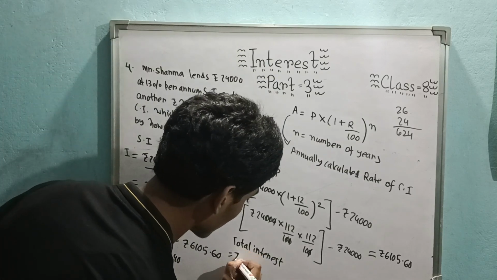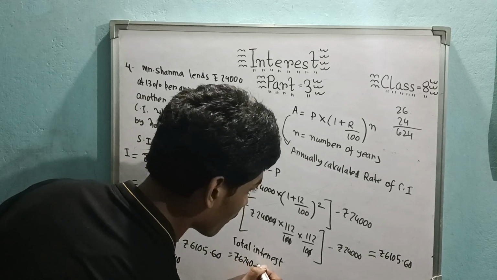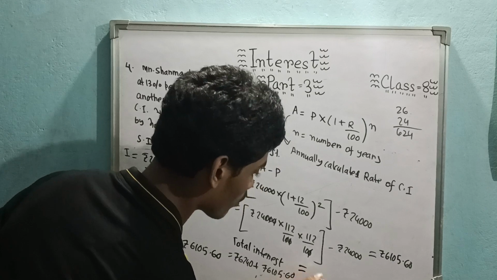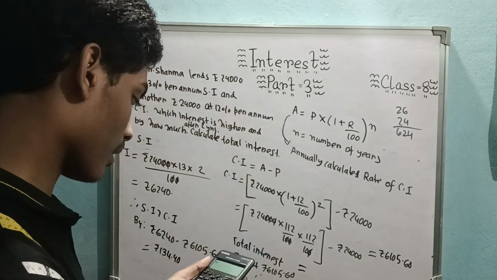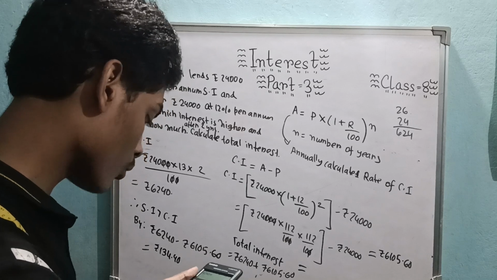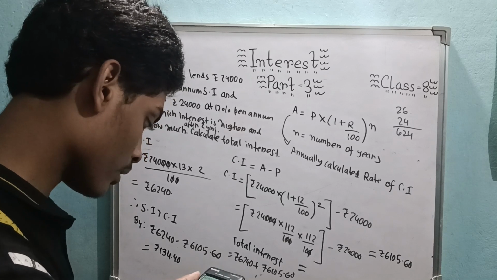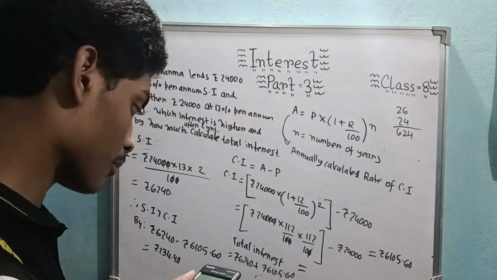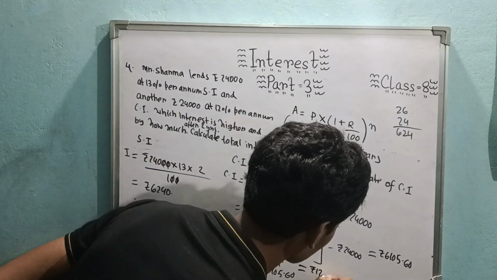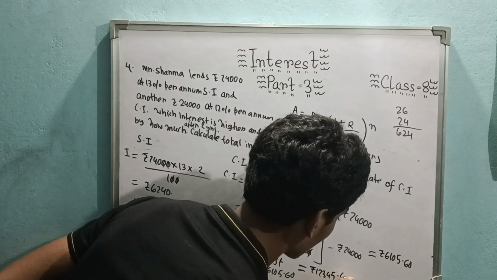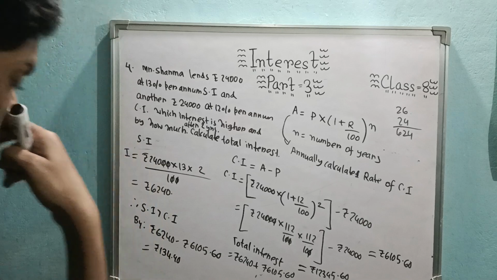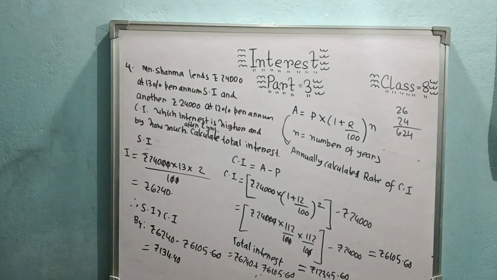So rupees 6,240 plus rupees 6,105.60 equal to, again calculate. And hands are sweating and the calculator is truly slipping. Got the answer anyway. Wow, 12,345.6. Nice, very good number. So that's what this question is all about.